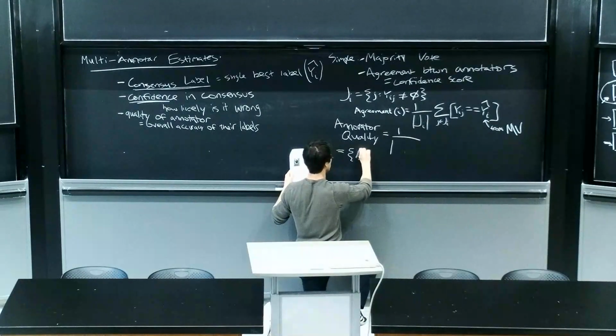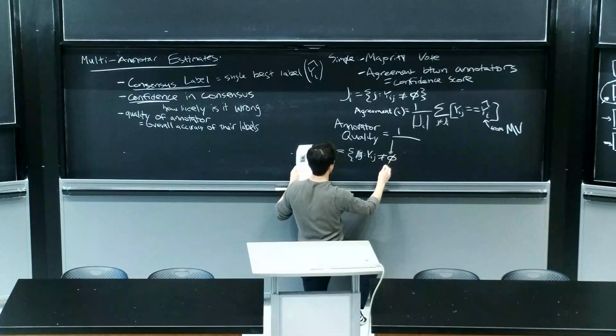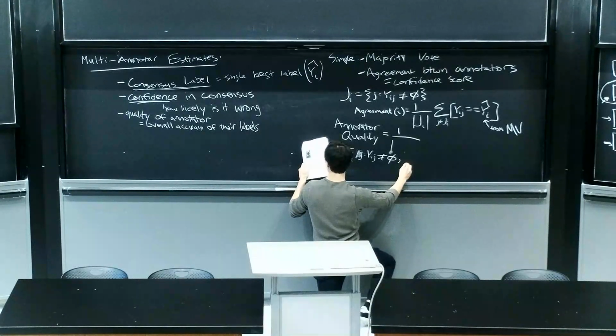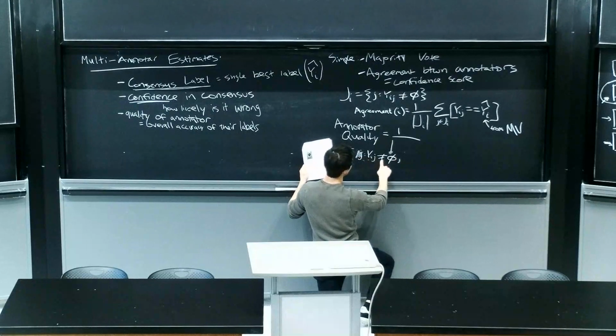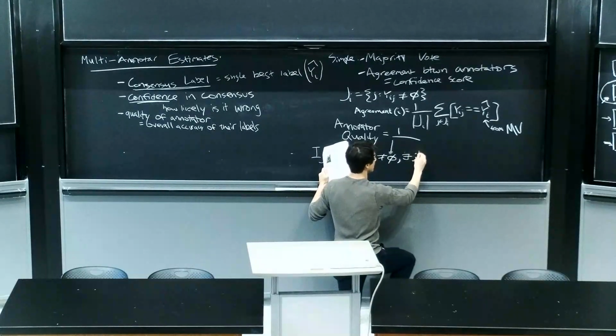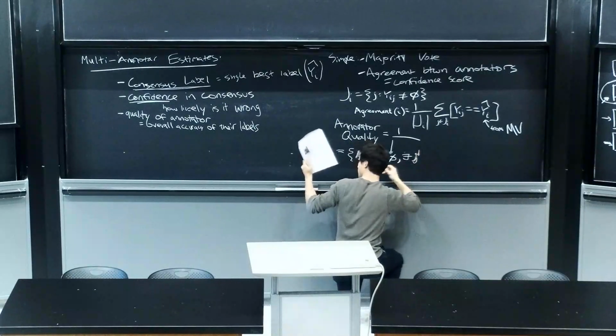Let's just call it the set of j such that y_ij is not empty, and there exists another annotator j prime who has labeled the examples that this annotator has labeled.